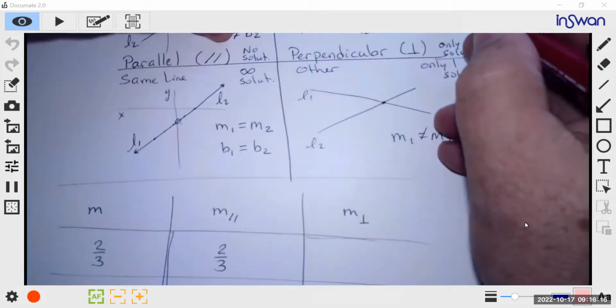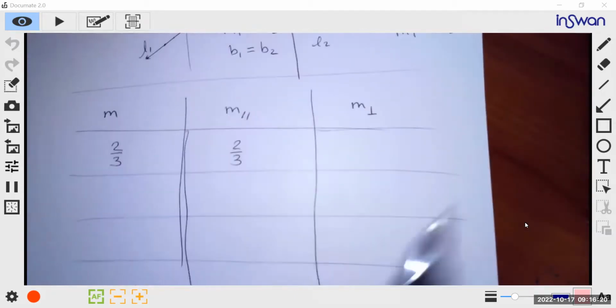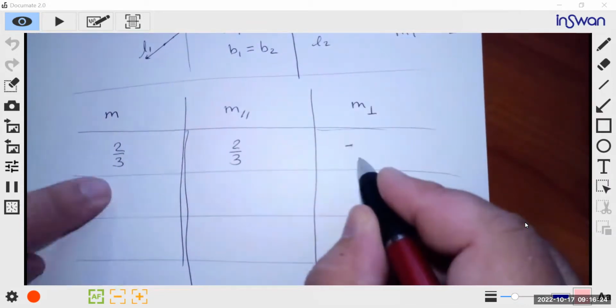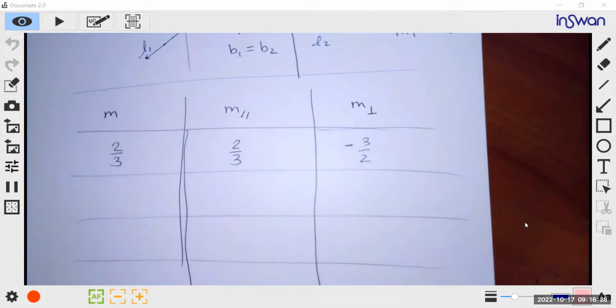Remember, it has to be negative reciprocals, negative flips. So it has to have opposite signs. So it's negative. Flip this one. Yeah, so the perpendicular is -3/2.